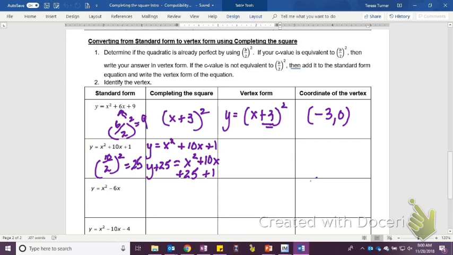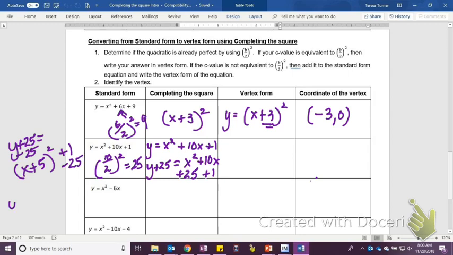So now we complete the square. I'll do this over to the left since I wrote so large. So now we have y plus 25 is equal to x plus 5 squared plus 1. But we aren't in vertex form until we take care of this plus 25 that's on the left side. So we're going to subtract that 25 from both sides.